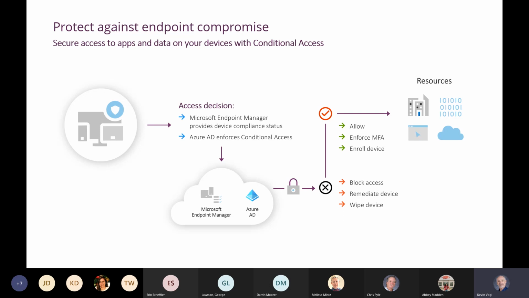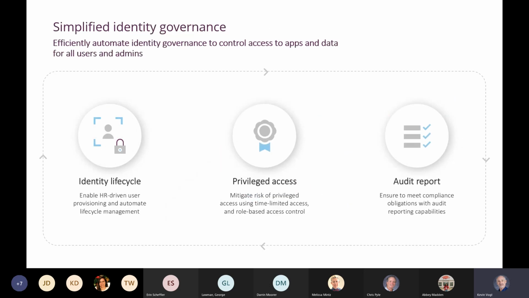It will enforce MFA. It will enroll that device. So once you do this the first time, it can become a trusted device, so it's less complicated the more you need to access those resources. Really a great way to keep your users from doing stupid things, but making it easy for them to get to the resources that you need.